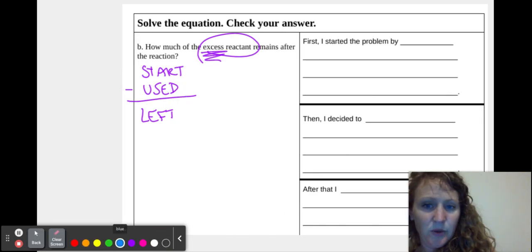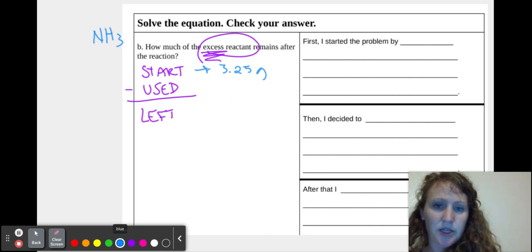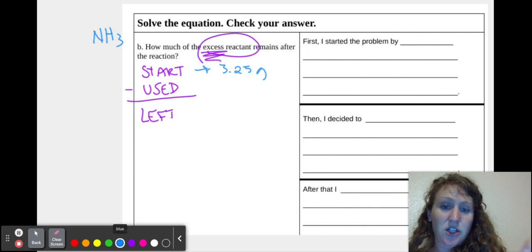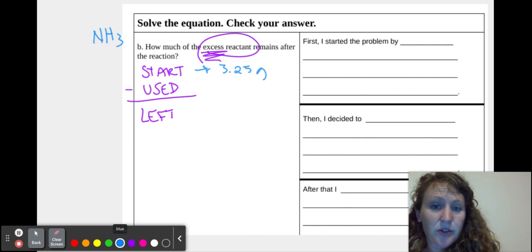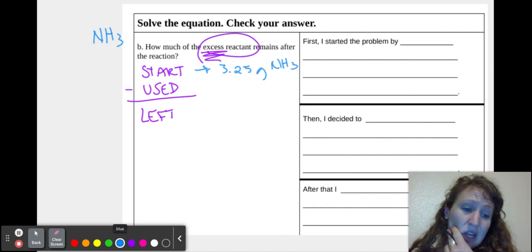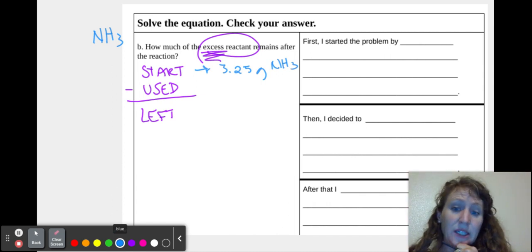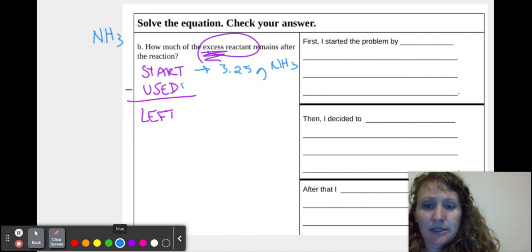That one's easy. We just have that automatically. 3.25 grams. Remember, our excess reactant is going to be NH3. So we're going to do all of these with NH3. We started with 3.25 grams of NH3. Now, how much did we use? Well, we don't actually have that amount. We need to calculate that amount.